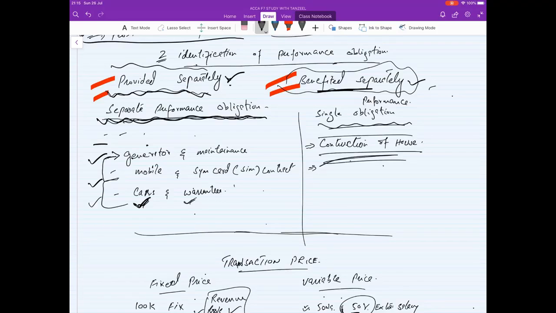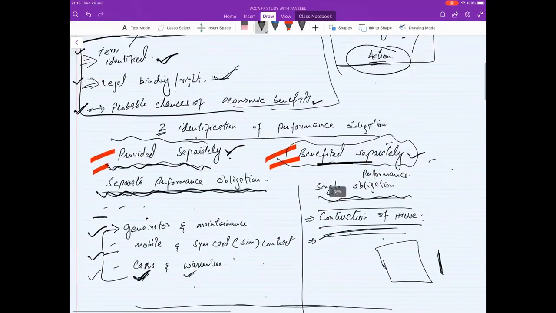From one wall you cannot get the benefit, so it's not benefited separately. A single wall cannot give you the benefit; only a full house will give you the benefit. That is why it's a single performance obligation. My obligation is to build a full house, and only then will you get the benefit.